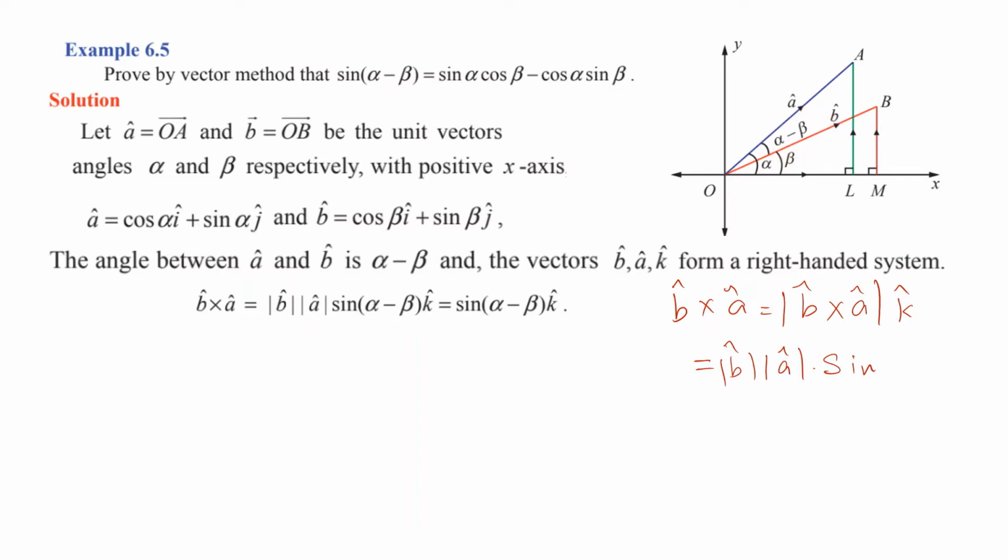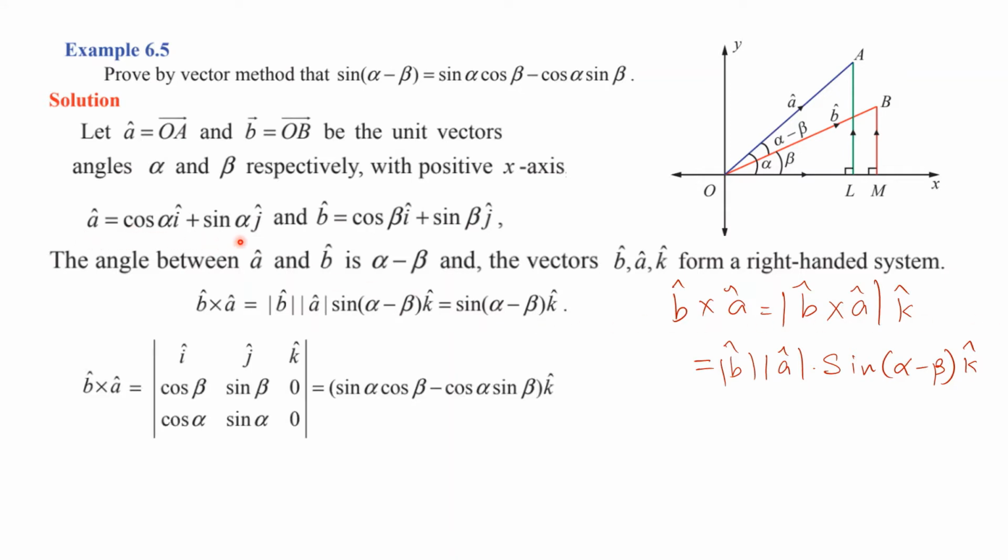So sine alpha minus beta into k cap. So I have brought this here. Okay, is that clear? So we know that the magnitudes of B cap and A cap are equal to 1. Therefore, you will get sine alpha minus beta into k cap.